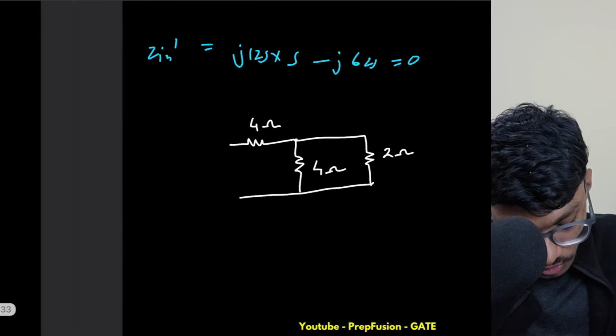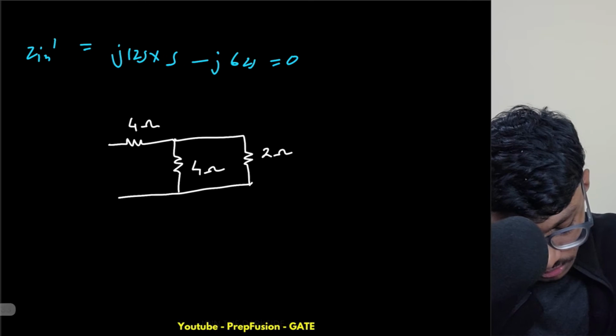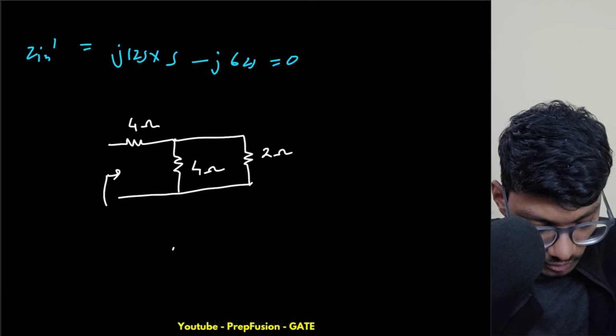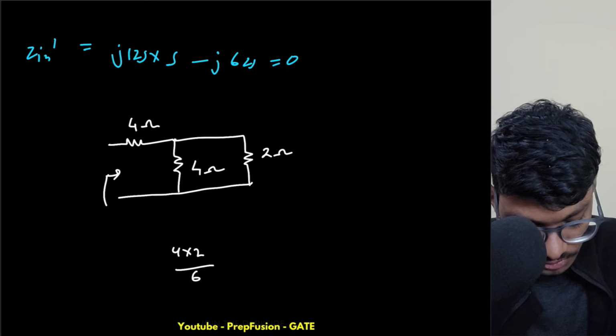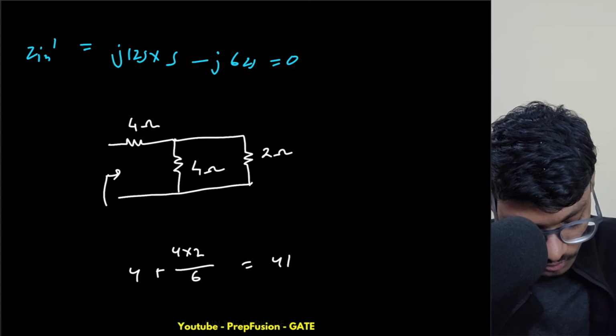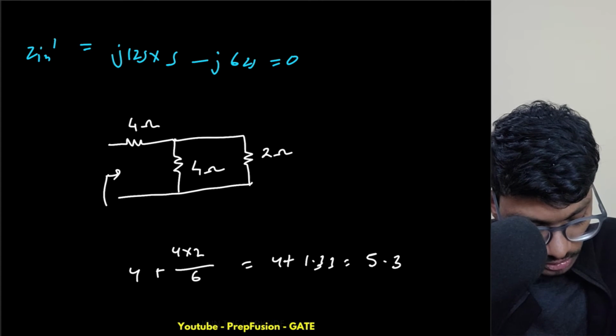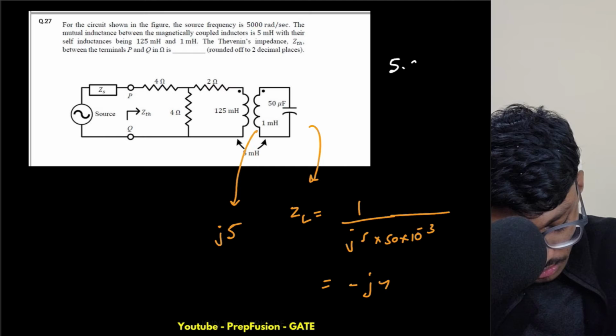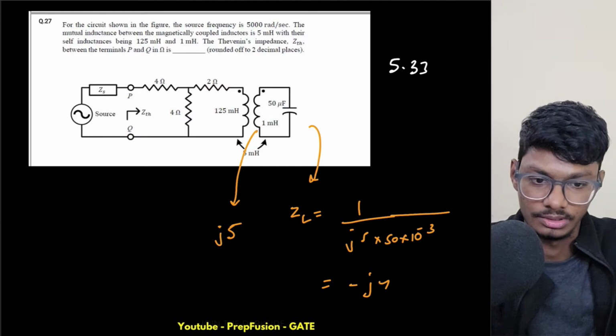Overall this will be like a short circuit. So it will be 4 times 2 divided by 6 plus 4, which is simply 4 plus 4 by 3, 1.33. So it is 5.33. My answer to this question will be 5.33, rounded to 2 decimal places.